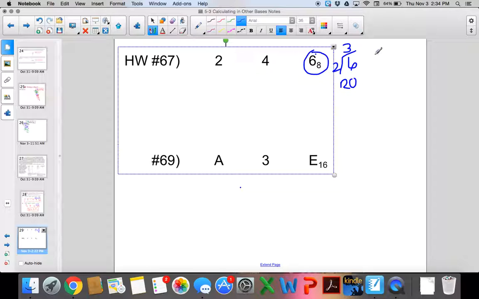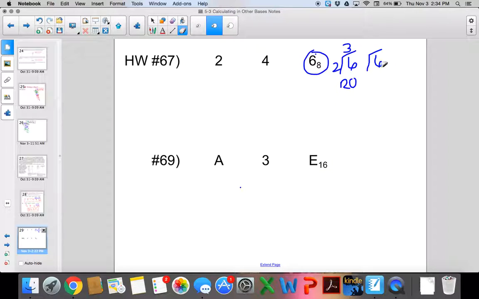and then, whoops, that should be a 3. Divided by 2, it's going to be 1, remainder 1.